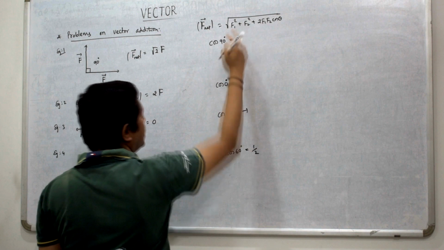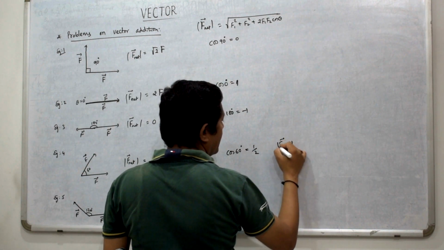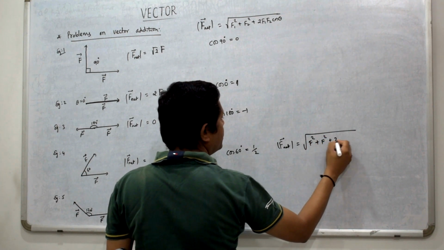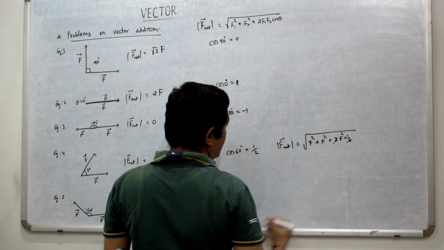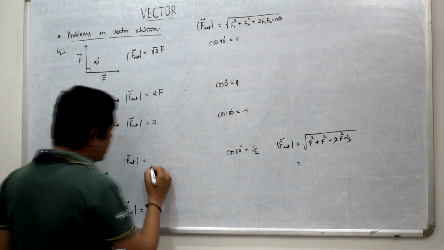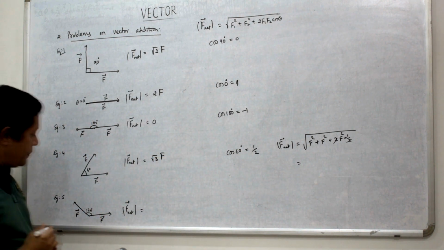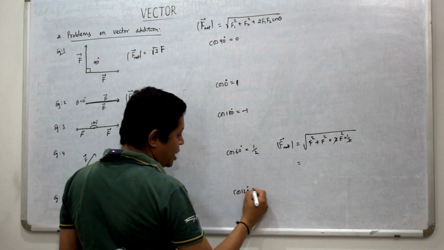If you put the value in this equation, F net will be equal to the square root of F² plus F² plus 2 into F into F into 1 by 2, that is F² plus F² plus F², so it is root 3 F. The resultant will be root 3 F. If theta is 120 degrees, cos 120 is minus 1 by 2.